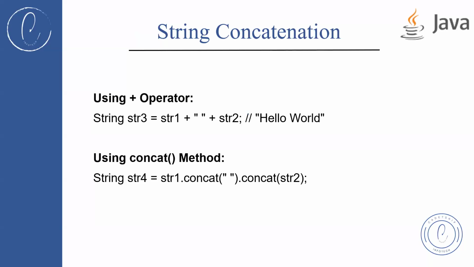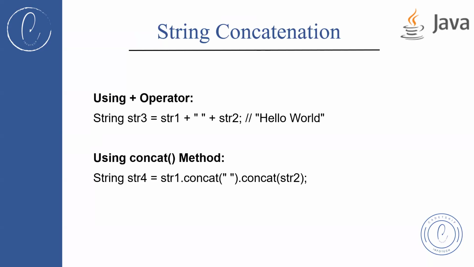The plus operator is overloaded in Java to do mainly two things. One, we can perform addition using the plus operator. And the next thing we can do is concatenate strings in Java using the plus operator. Next we have the concat method.